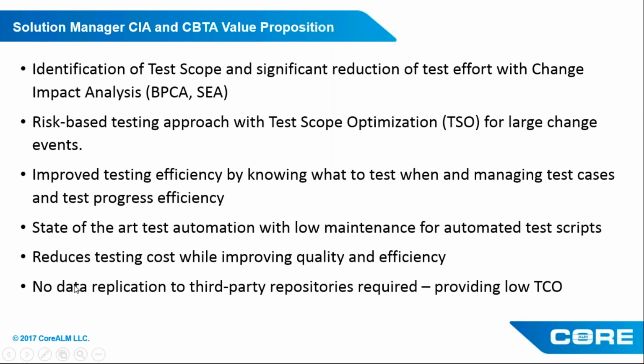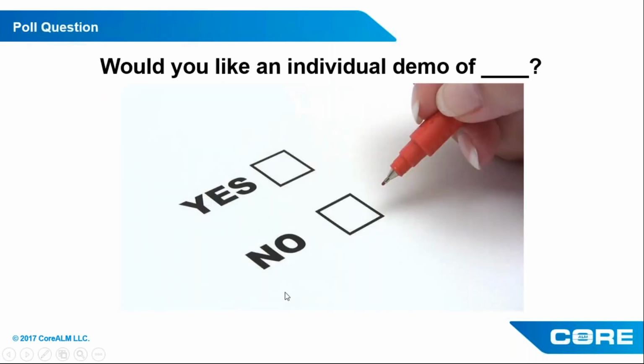And finally, when you're with BPCA and scope and effort analyzer, one of the things that happens there is a lot of objects get created. So if you're using third-party tools and not Solution Manager, there's a lot of data replication that has to go back and forth.